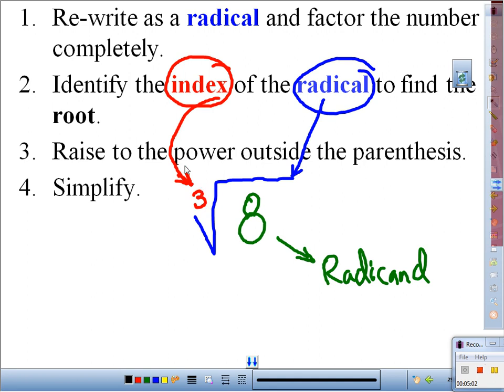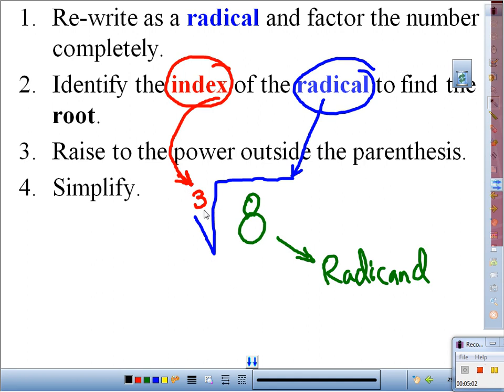To simplify this expression, you first look at the index, because it's indicating how many times a number multiplied by itself gives us the radicand.